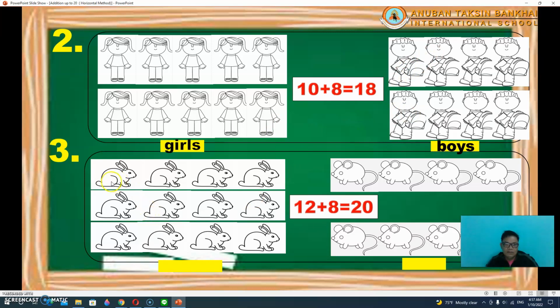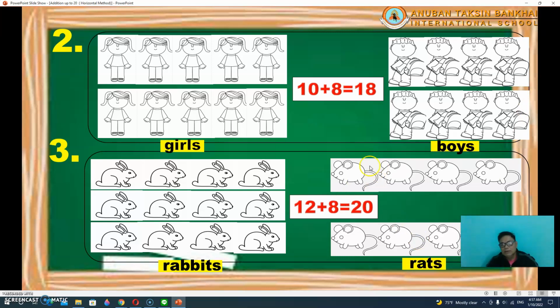Very good. And number 3, what are these? These are rabbits. How many rabbits are there? 12 rabbits. Plus these rats.